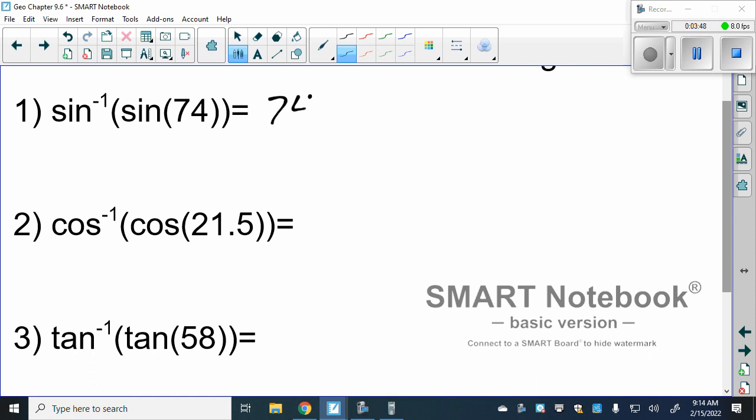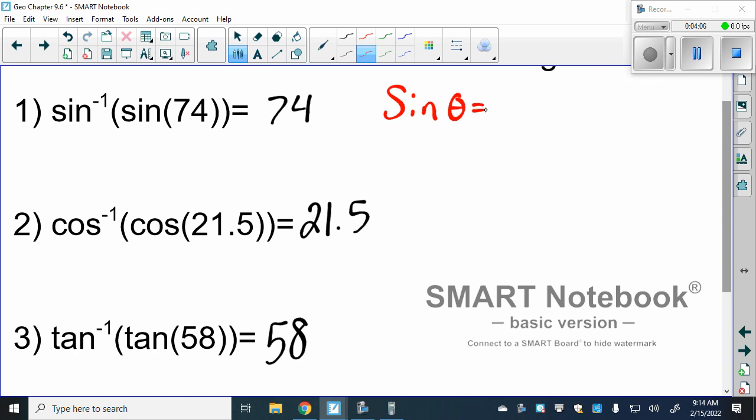Some of these will not work, because there are some restrictions on how this works. Sine of an angle is equal to our side length; we'll call it y here, and we'll call the angle x.